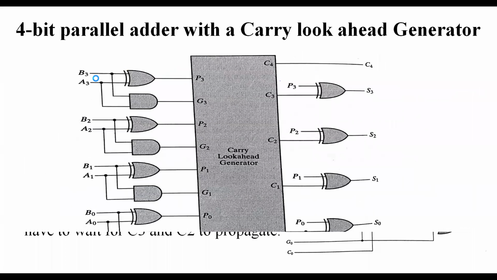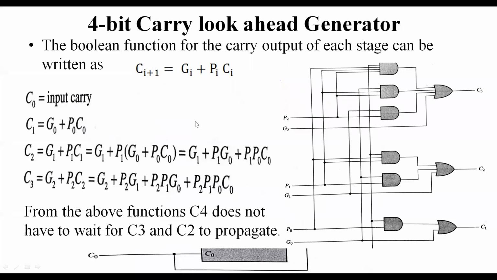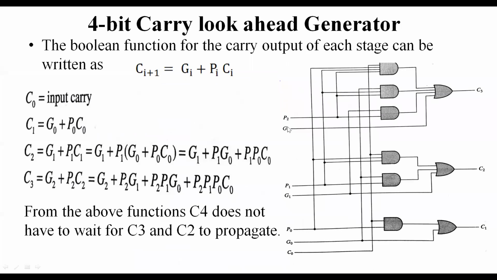This is the 4-bit parallel adder with a carry look ahead generator. Here, this is the carry look ahead carry generator. The circuit we designed previously is entirely inside this. This is P3 and G3, P2 G2, P1 G1, P0 G0 and C0. These are the lines coming from P2 G2, P1 G1, P0 G0 and C0.